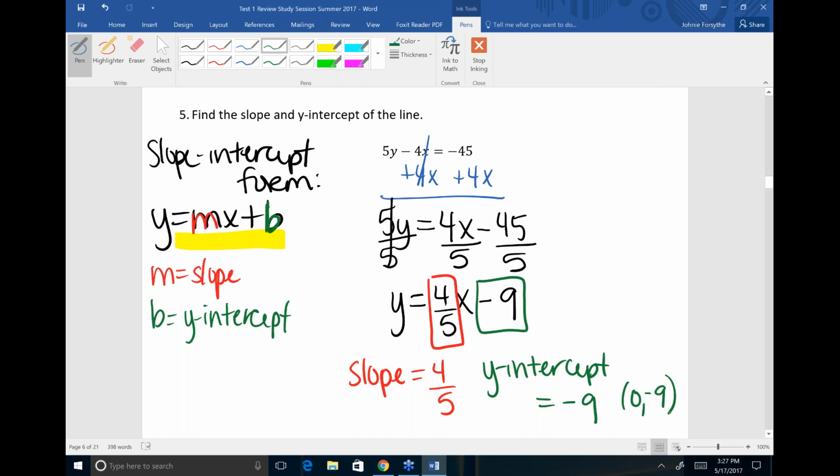Okay? And sometimes it will ask you just for that y coordinate, so you could just write negative 9. But if it asks for an ordered pair, you need to write this. So this is an ordered pair. But that's your answer.